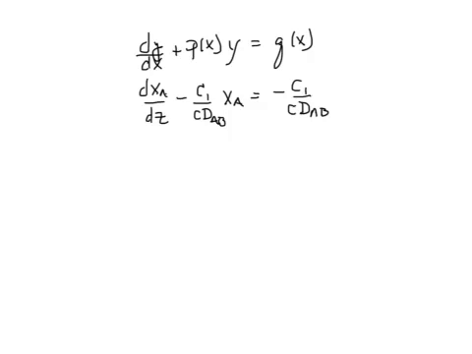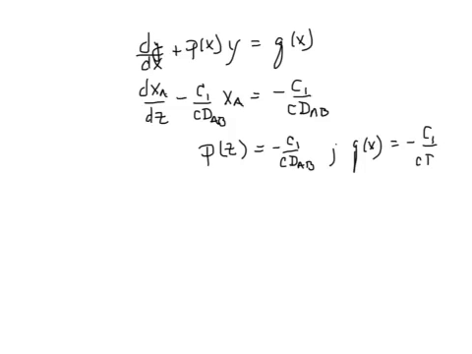So we clearly identify the parameters: P of Z is equal to minus C1 over C D_AB, and also the non-homogeneous term is C1 over C D_AB.